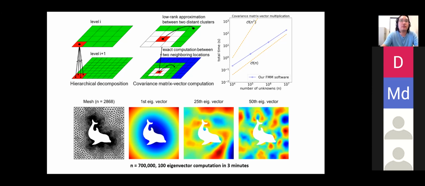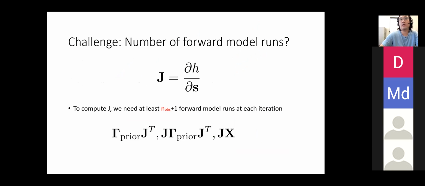In this case, using the hierarchical matrix or this compression technology, eigenvector analysis of the 700,000 by 700,000 dense matrix only took about 30 minutes on a modern desktop. So the idea is compression on the subset of your data set, then you can accelerate the inverse modeling.